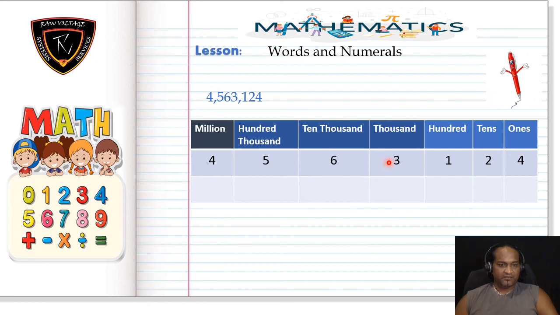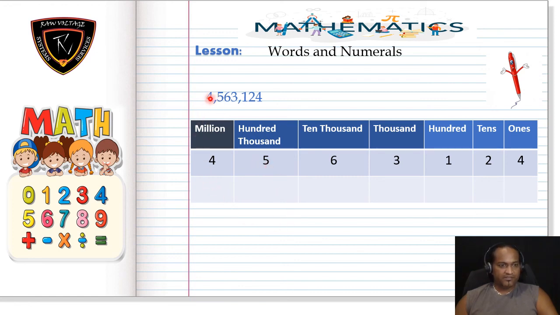And you have the place value for each digit. So for example, if I ask what is the value of the 5, you come here, it's 500,000. And you simply write 500,000.